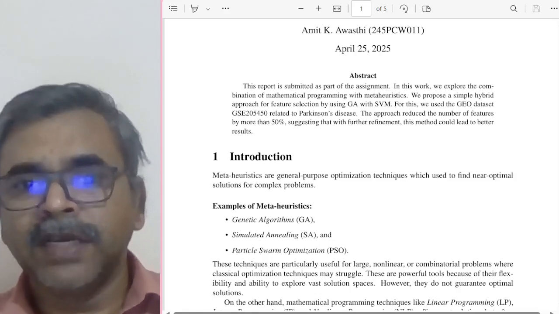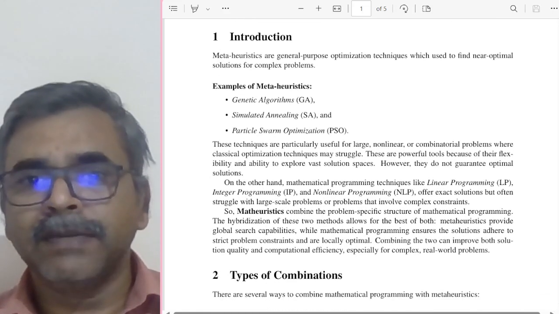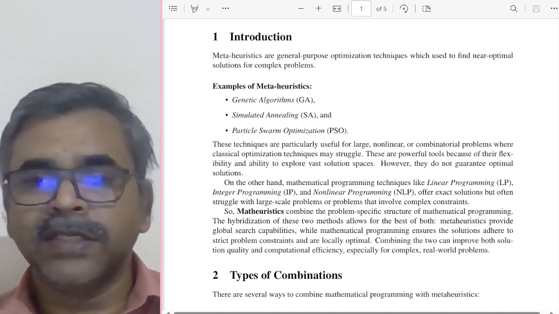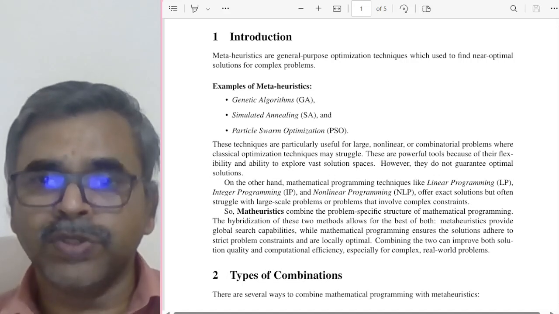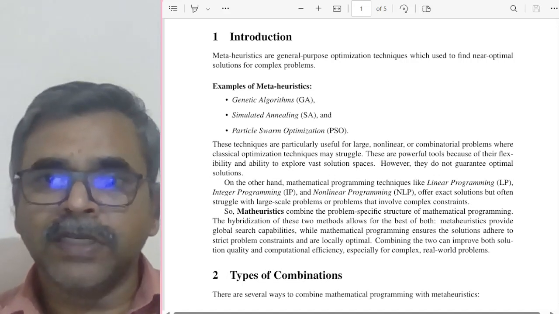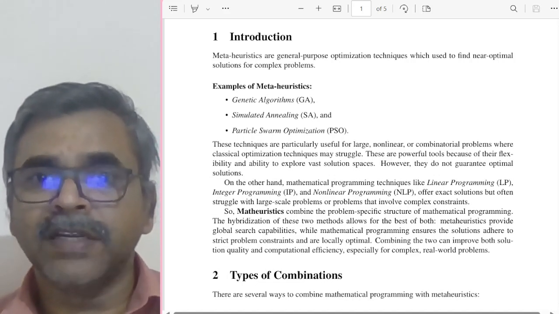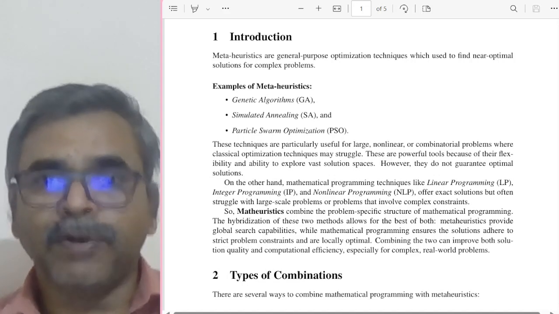So in the introduction, the first part says about Metaheuristic algorithms. These algorithms are general purpose algorithms which are used in optimization problems, and they find a near optimal solution instead of finding exact optimal solutions.